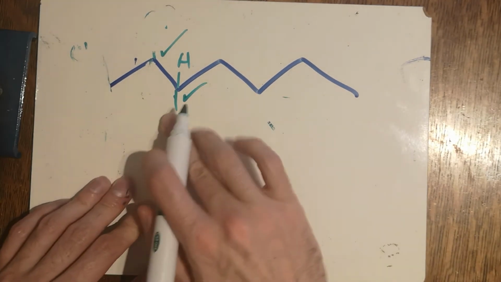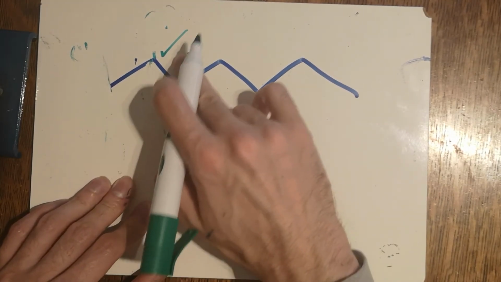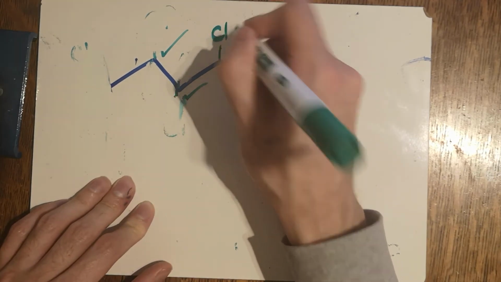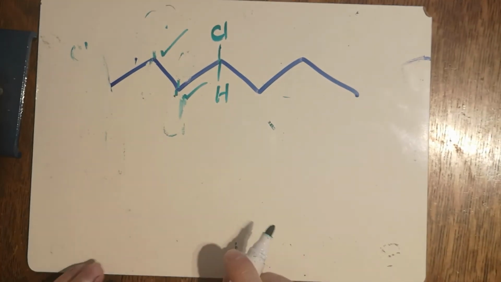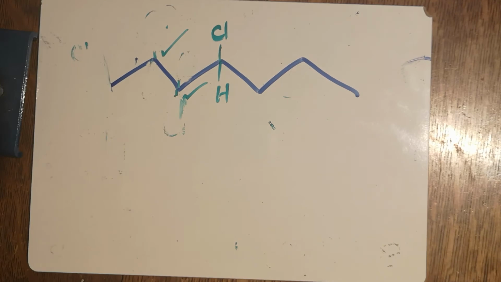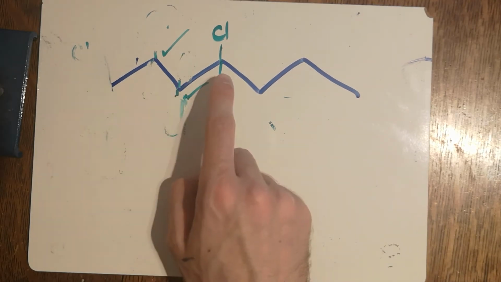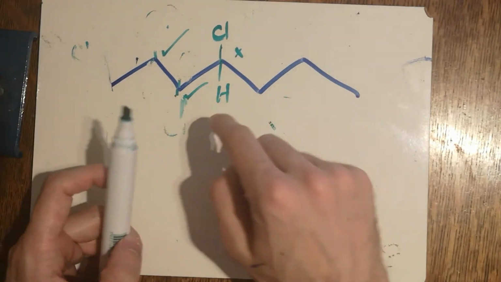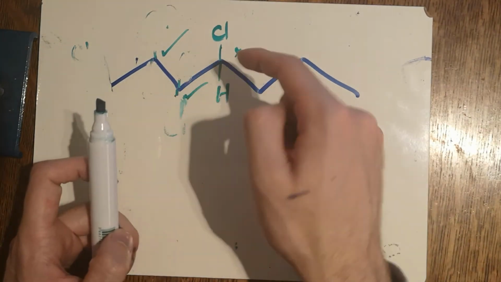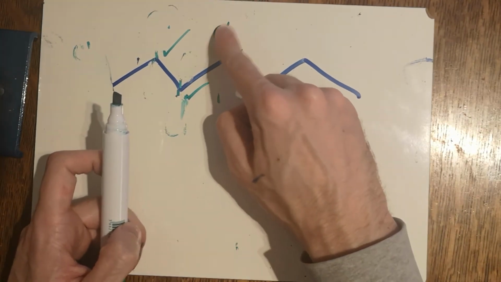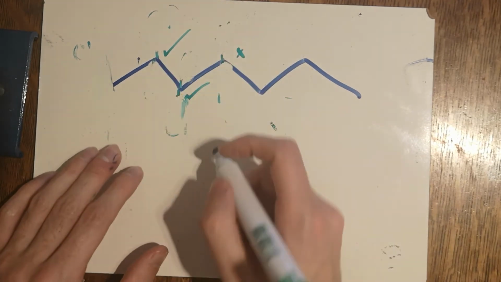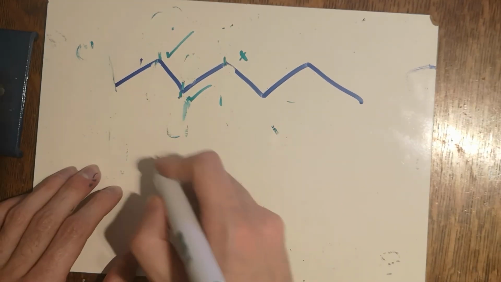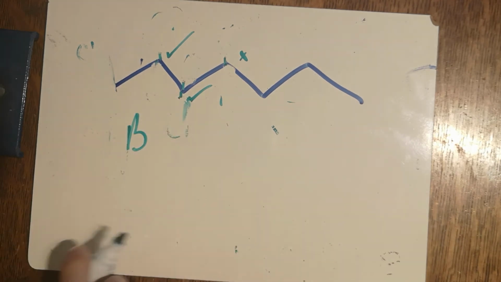So we're up to 2. If I put it here, I've got a propyl chain that way, and a propyl chain that way. So that can't be. And then if we put the chlorine there, it's the same as 3-chloro. So there are 2 that we can do. So 11 is B.